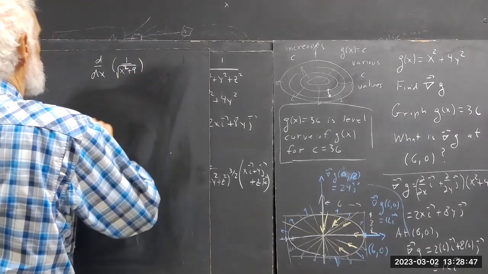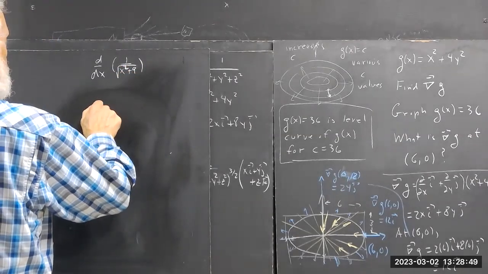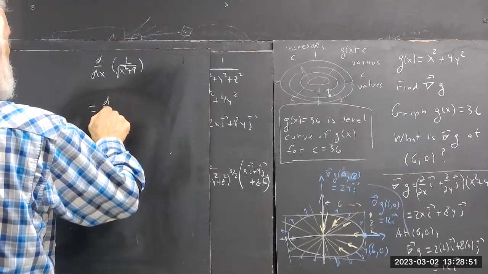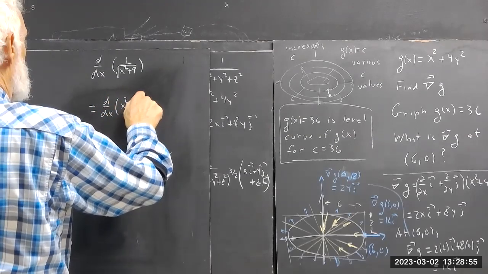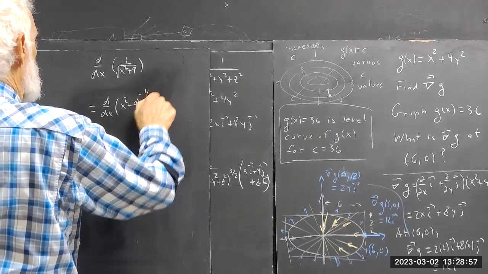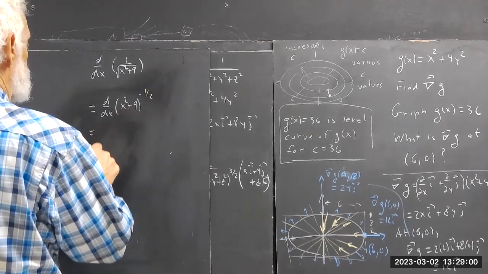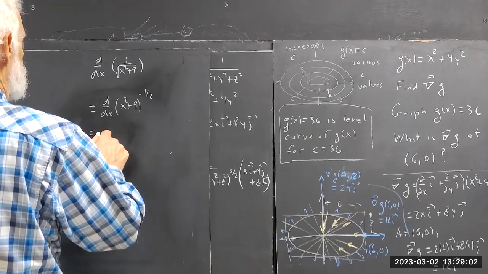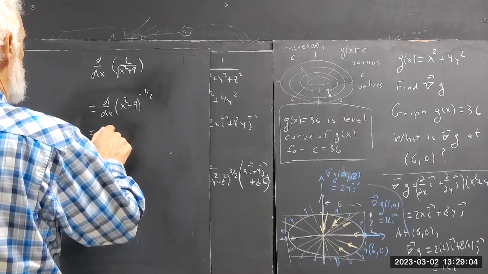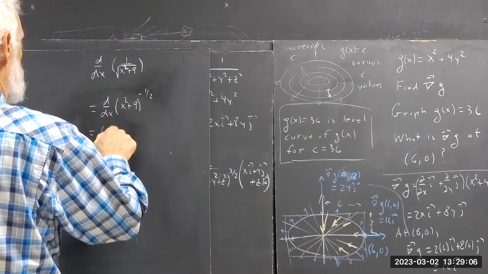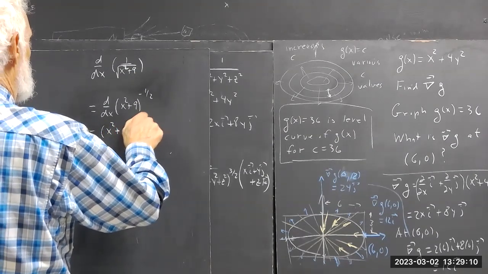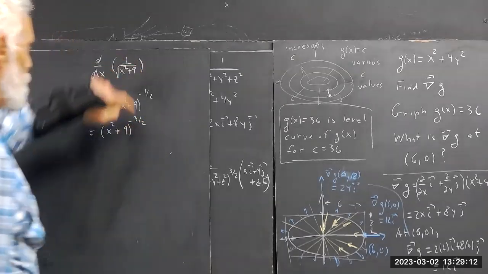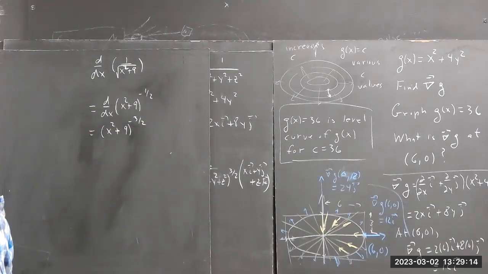The derivative of the negative 1/2 power is the negative 3/2 power.